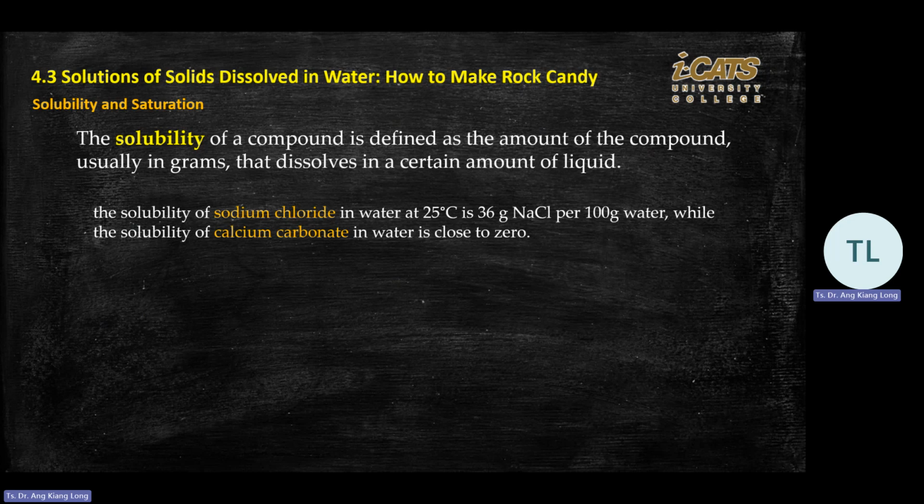The solubility of calcium carbonate in water is close to 0. If you say the solubility of calcium carbonate is close to 0, it means it cannot dissolve. Calcium carbonate, CaCO3, is like your tooth, your bone.